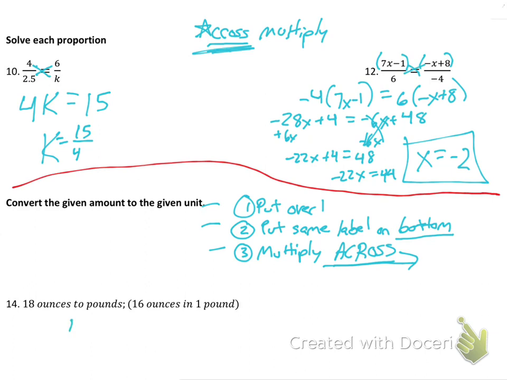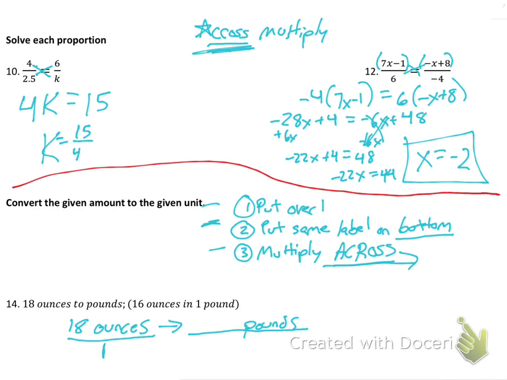What's given to me is 18 ounces, and they want me to put that into pounds. So I'm going to take this 18 ounces and put it over 1. We don't know how many pounds that is right now, but on the other side, in step number 2, put the same label on the bottom.